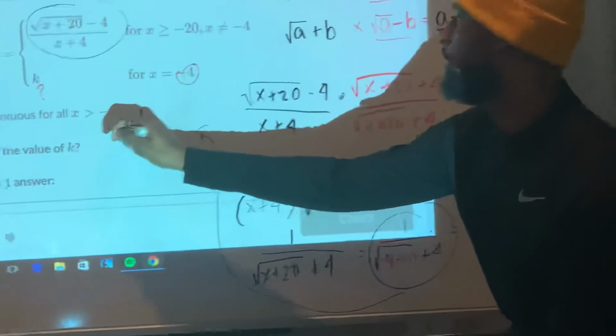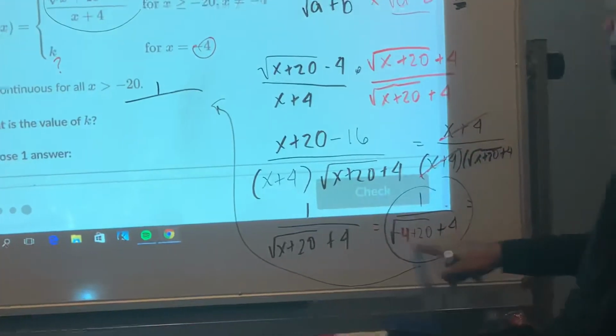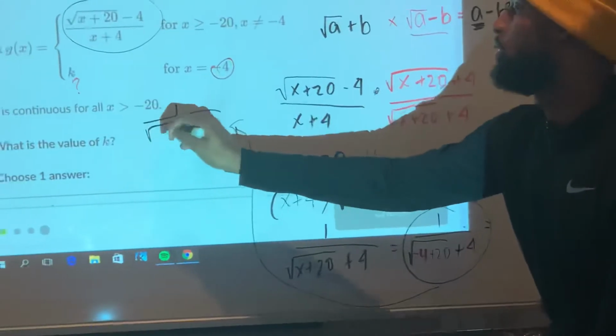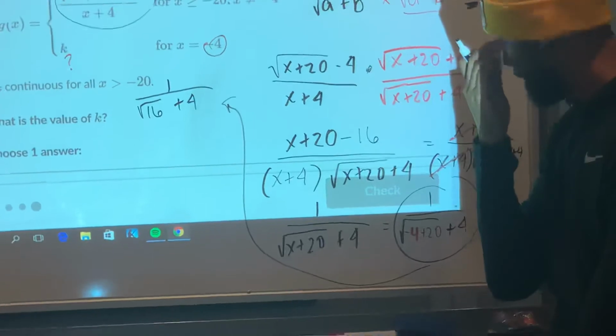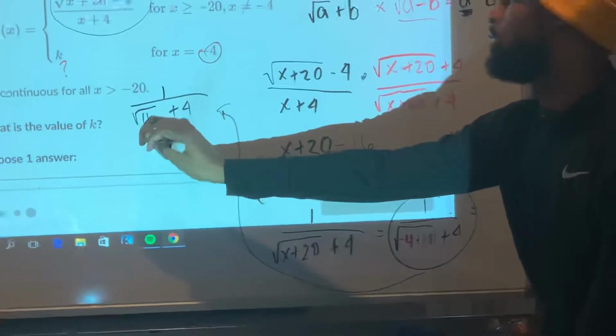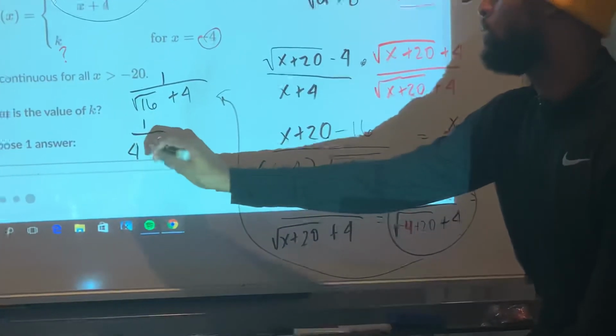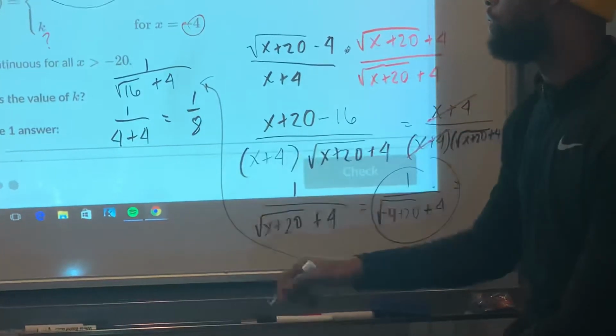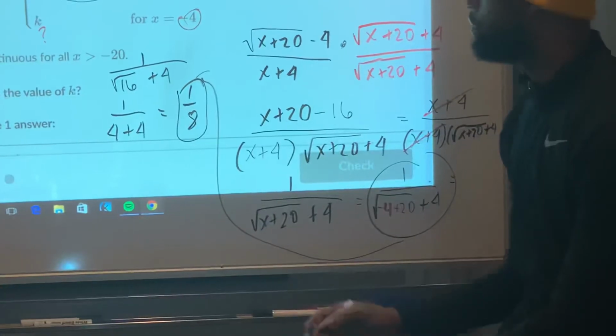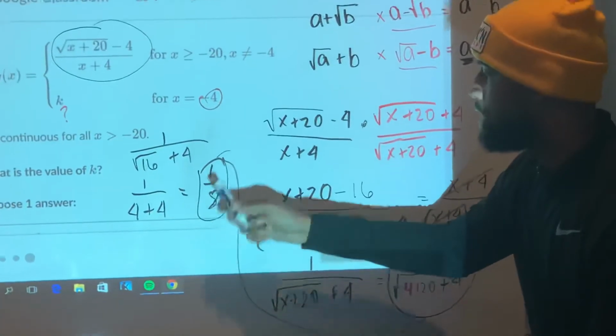It's going to be 1 over the square root of negative 4 plus 20, which is 16, plus 4. Square root of 16 is just 4. You'll get 1 over 8. So when you plug in negative 4, you're actually going to get 1/8.